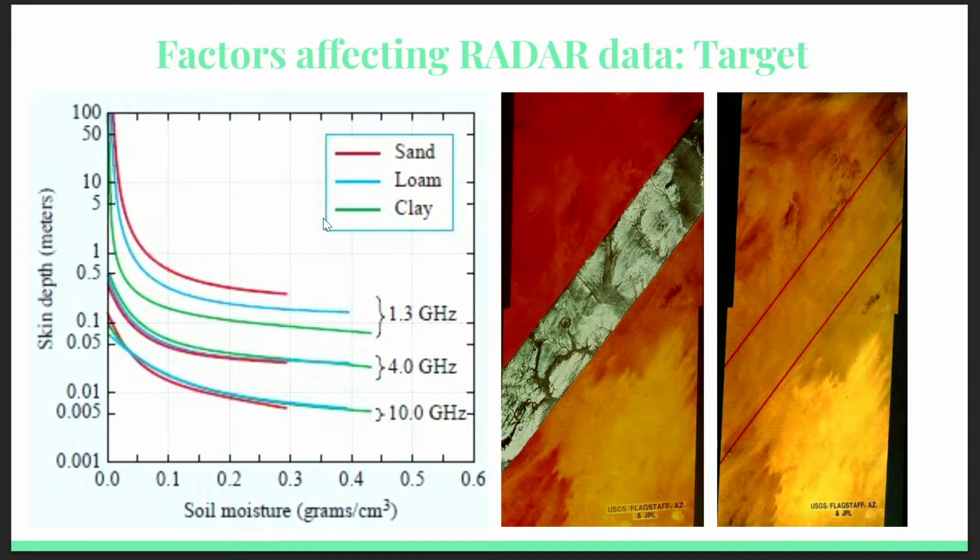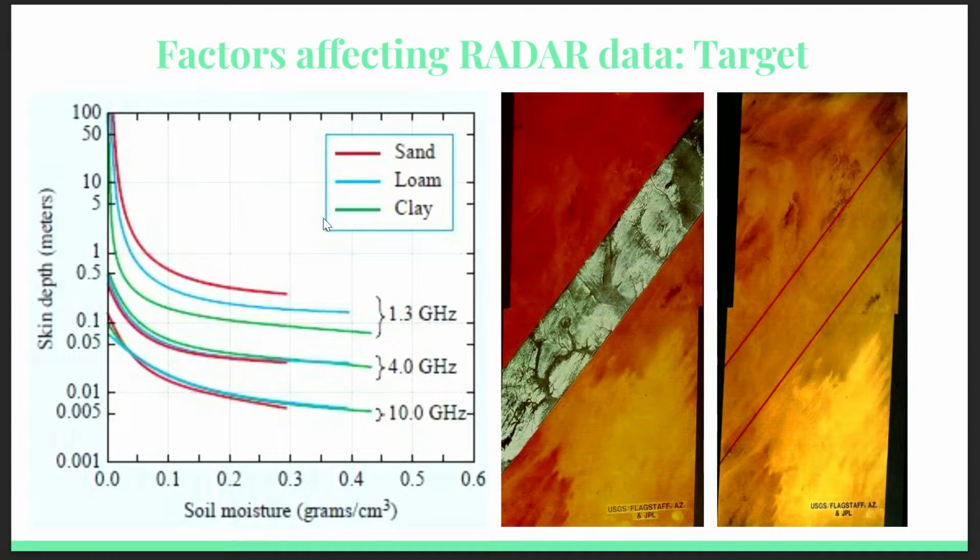For higher frequency ranges, for sandy soil it goes only till 0.1, for higher frequencies, that is shorter wavelengths. So for long wavelengths, we get very good penetration for sandy soil. Even for loam and for clay, we are getting decent amounts.